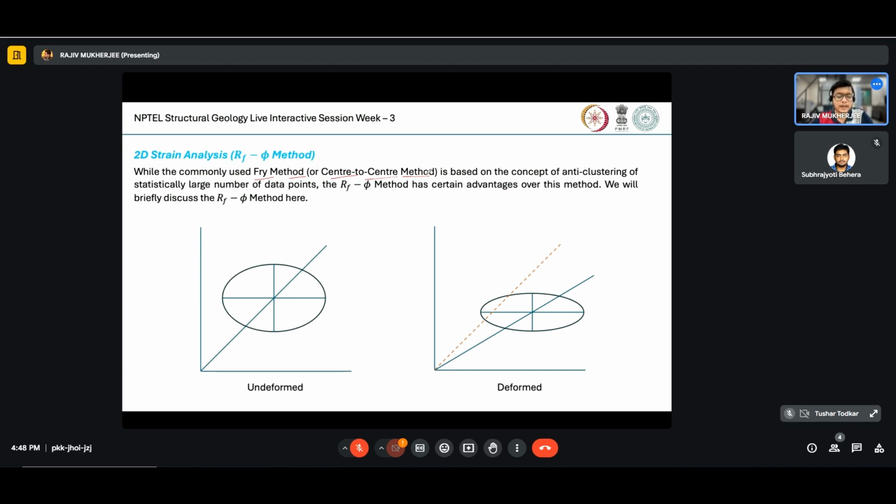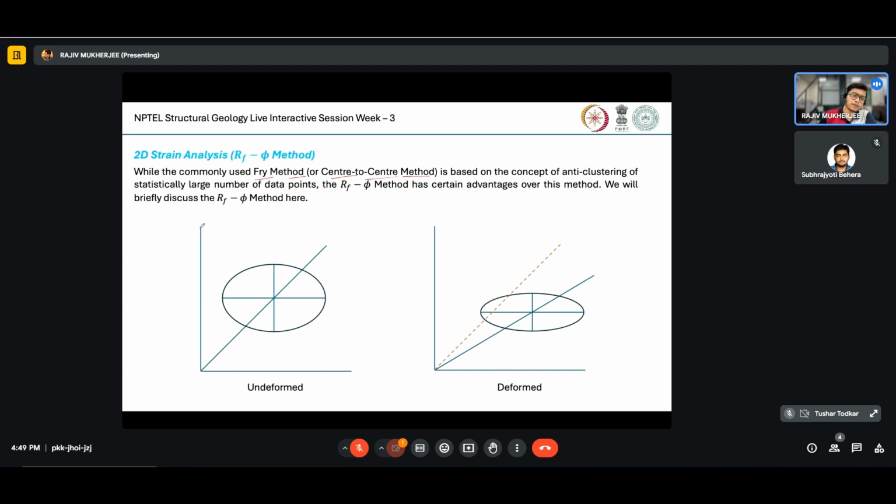Now, to avoid these kinds of assumptions, this method known as the RFI method was developed, and I will describe the idea behind it.